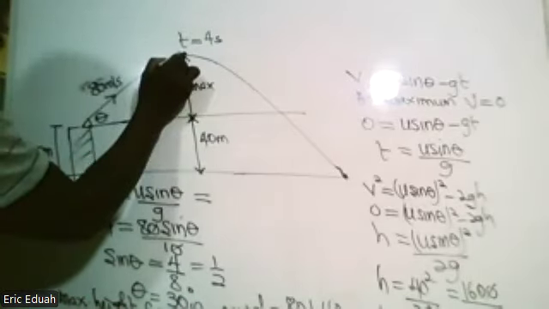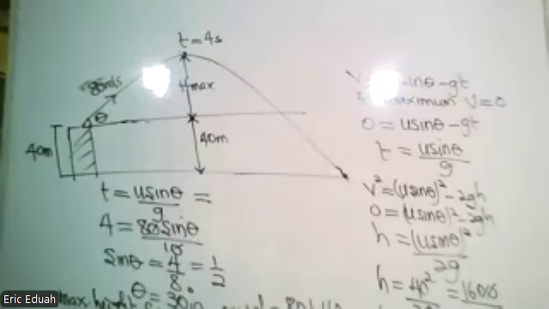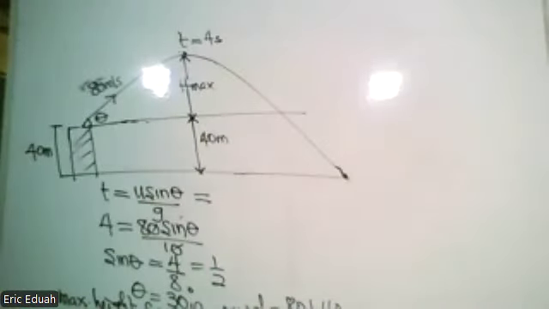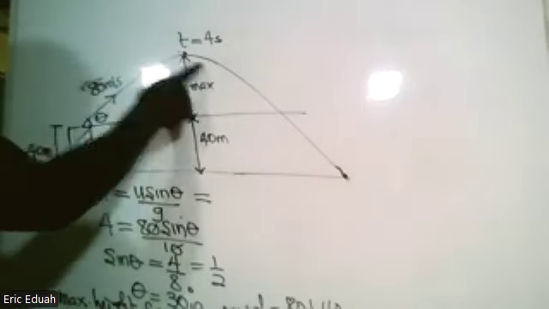So we will need the time it will take to move from here to the ground. When we add that to the time to the maximum height, we have the time of flight. So how do we determine this time, the time to move from the drop to the ground?